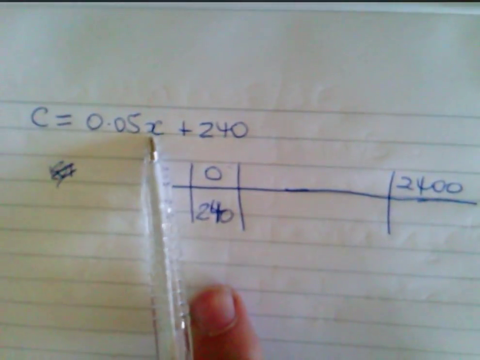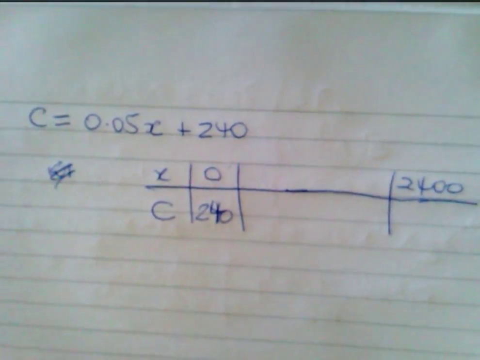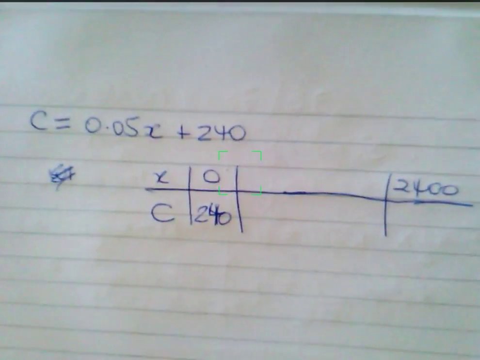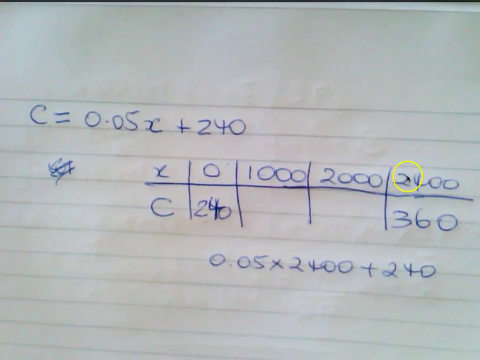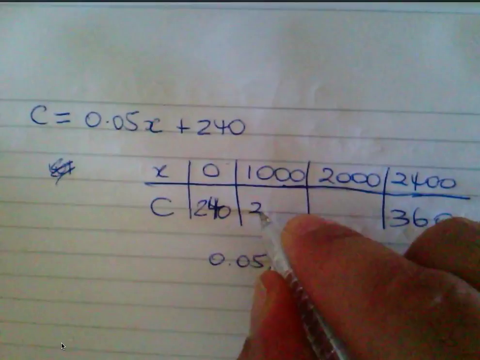Can you put X is 2,400 in there, and let's see what we get. Just choosing a few more values. Does anyone know the reason why I chose 2,400? Because they want you to go all the way up to there. All right, so we've got 360. Does someone want to do when X is 1,000? Yep, 290.